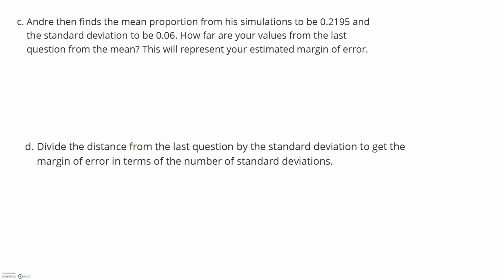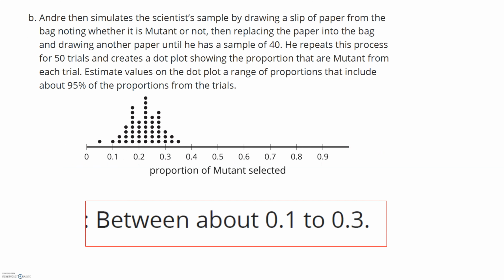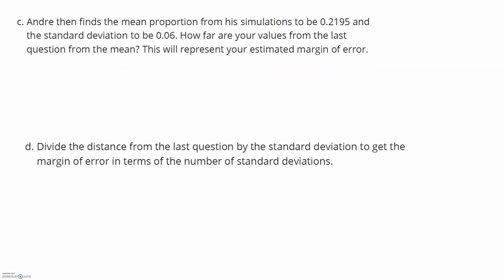This will represent your estimate margin of error. So they're telling you what the mean is, and they're telling you that the mean is 0.2195. But here we found that it was between 0.1 to 0.3.